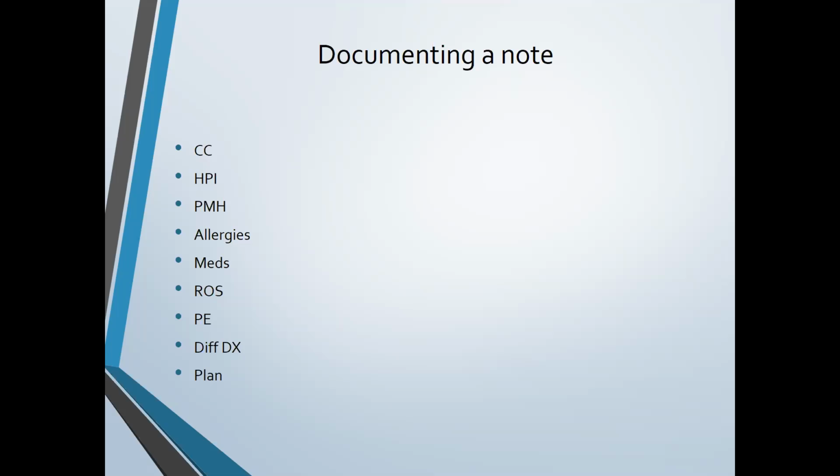Your ROS is your review of systems. This needs to be focused. Please put things in their proper places. One of the elements that students sometimes have difficulty with is, where the heck do you put headache? Does it come under HEENT, which is head, eyes, ears, nose, and throat? Or does it come under neuro?